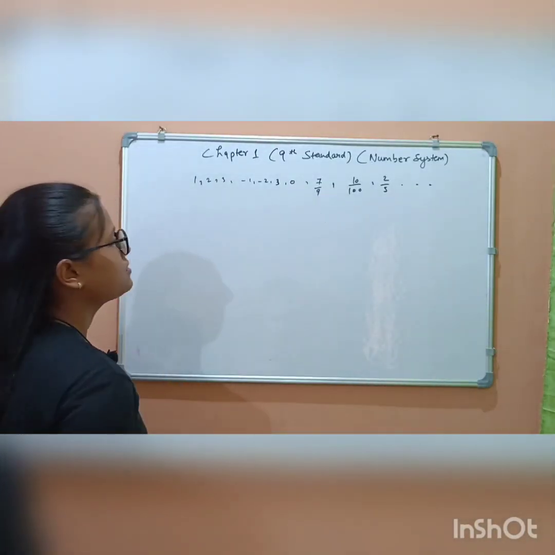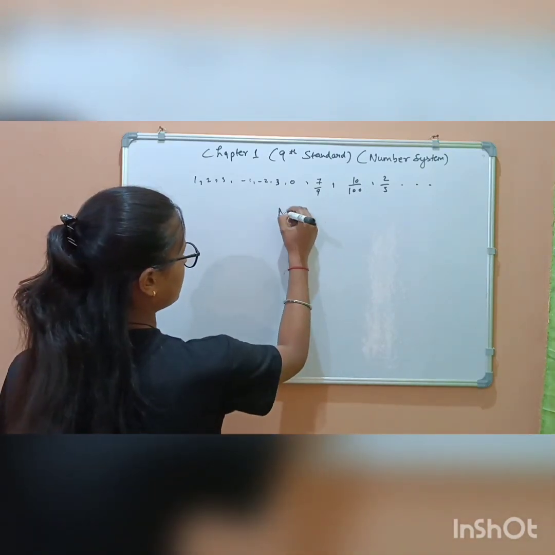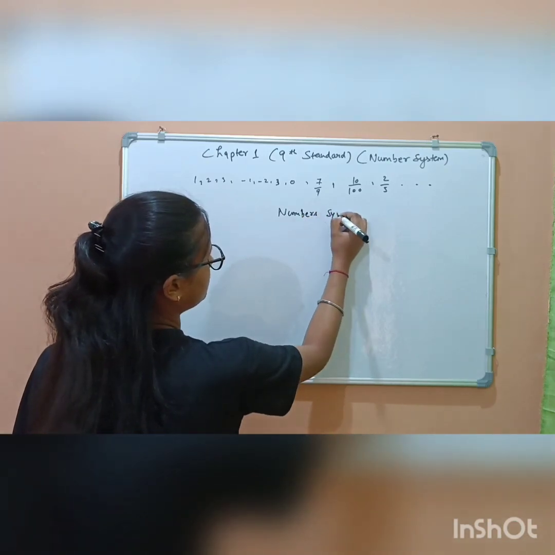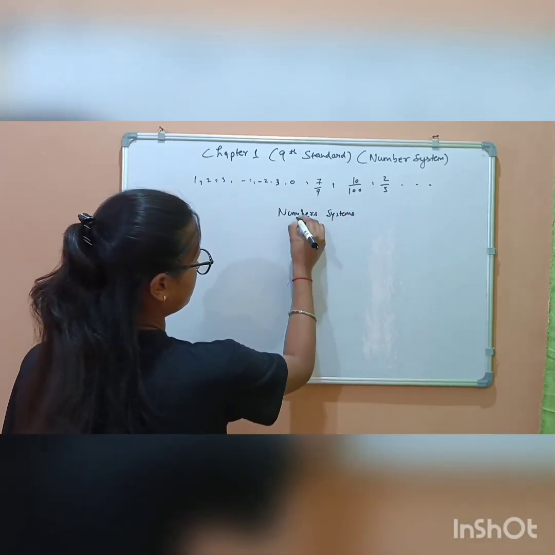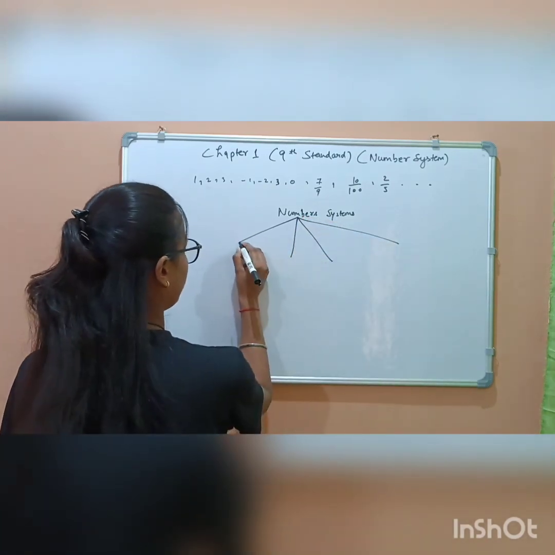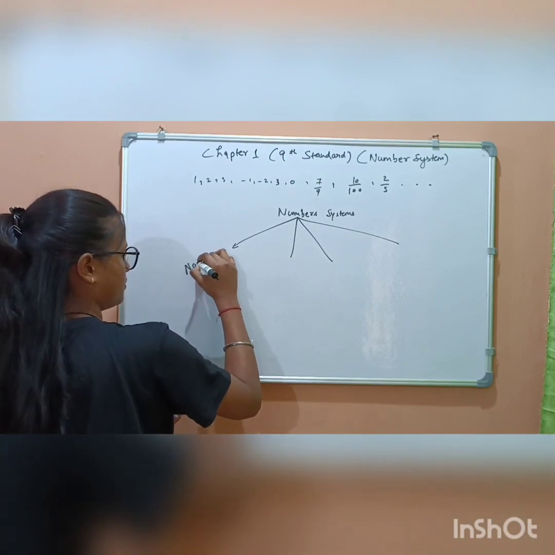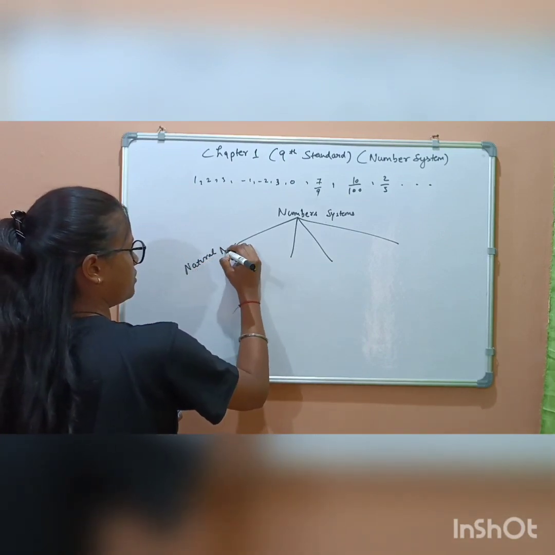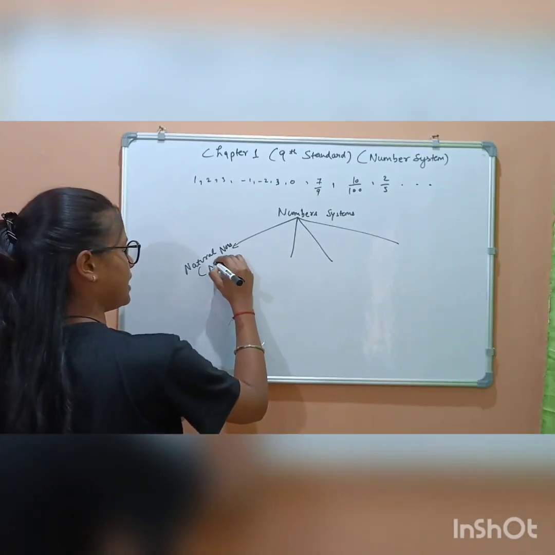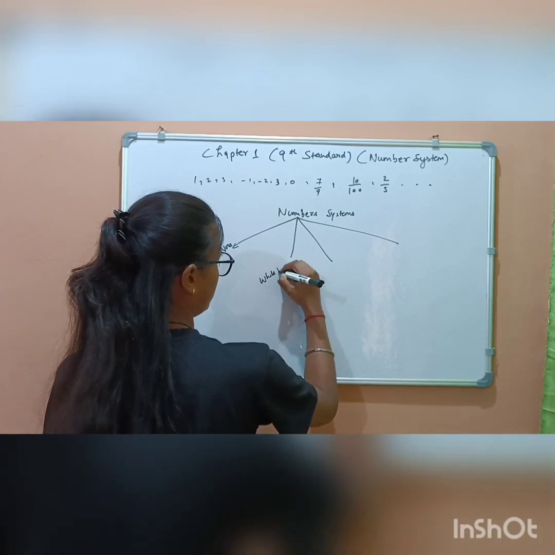We'll study the numbers in its categories. Like if I write it down, number system. So we have the 4 categories. First one is natural numbers. Representation of natural numbers is by the capital N. Second one is whole numbers.